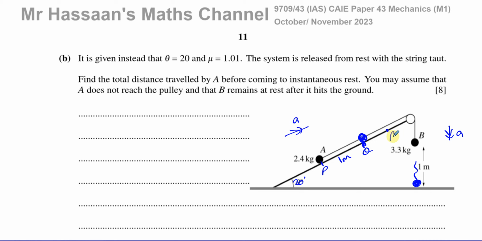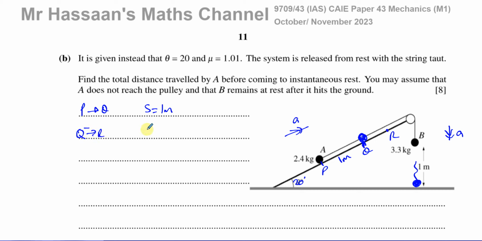So that's what we know about P to Q. Now, for Q to R, P to Q has one situation happening, which is going to be according to the acceleration before B hits the ground. But then from Q to R, we know that it's going to reach 0 meters per second by the time it comes to instantaneous rest.